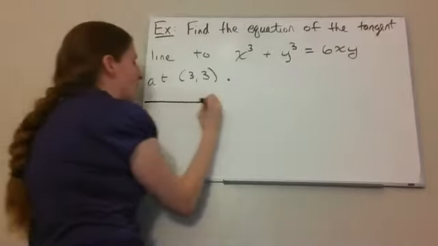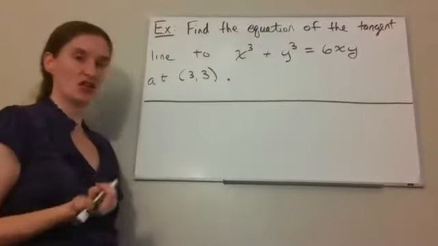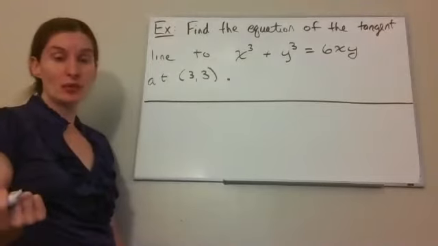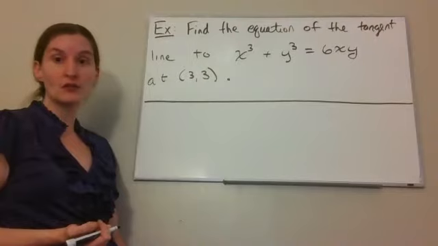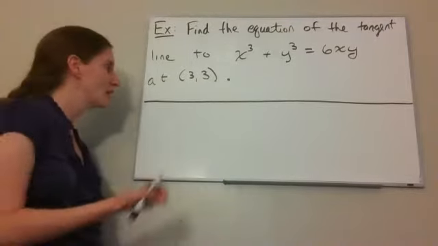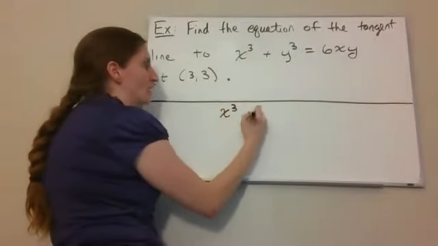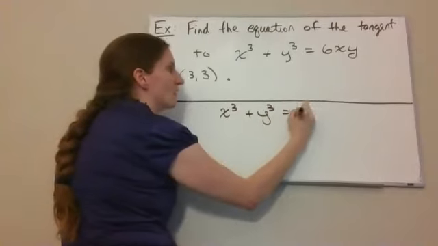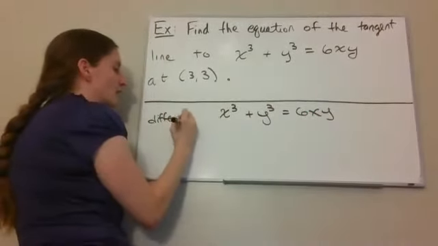So I need to first find my derivative by using implicit differentiation. This time I'm going to use the prime notation just so you can see it both ways. It does not matter if you use dy dx or y prime, they're the same exact thing. So first thing we need to do is we take our equation and we have to differentiate both sides.